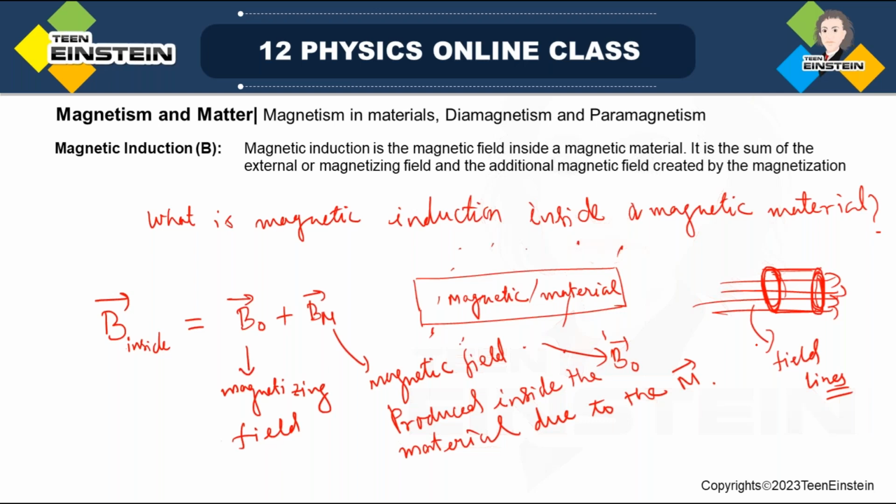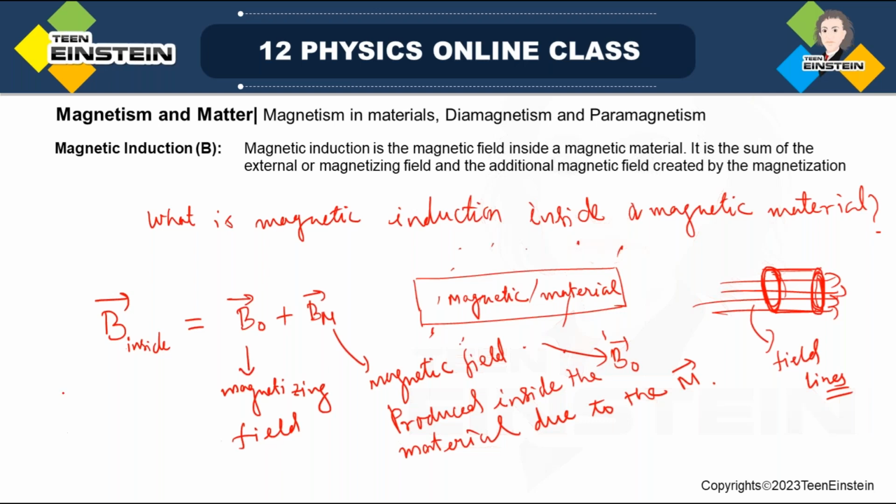But that is a very crude definition. We cannot understand what is happening inside the magnetic material. So if you keep a magnetic material in an external field, the magnetic field lines penetrate the material and magnetize it.